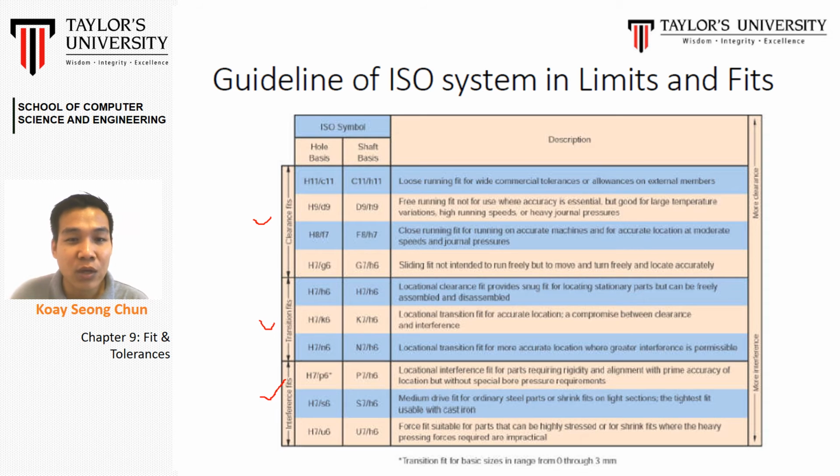If you set the limit based on the hole basic or shaft basic system, then here is what kind of fit you will have. So this is a table for your reference.